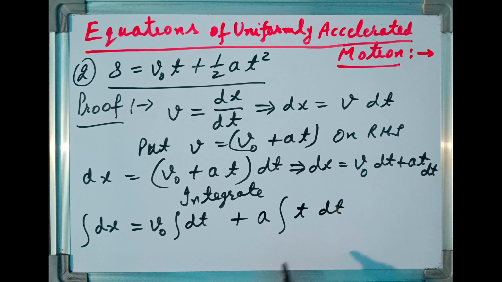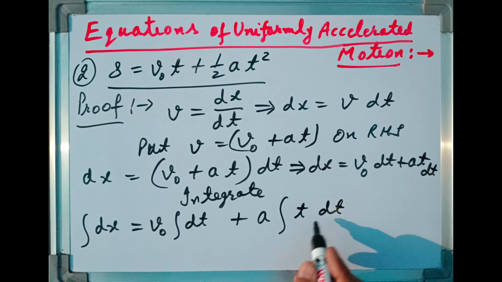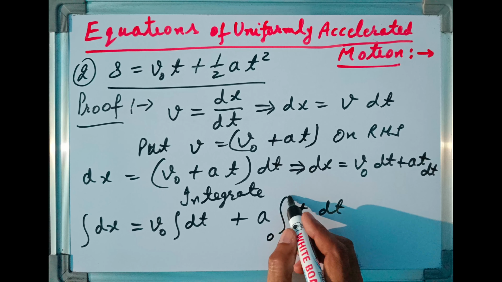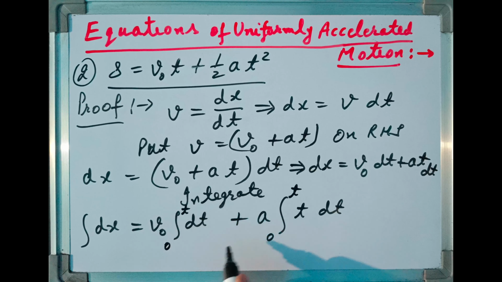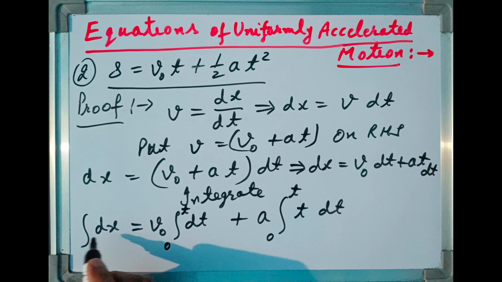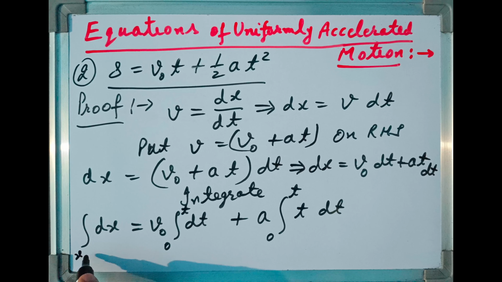Now we have to put the limits. On right hand side, starting time is 0, final time t. Similarly here 0 to t. Corresponding to these initial and final values of time, we can write coordinates of position x0 and x. Now we have to solve this integration.